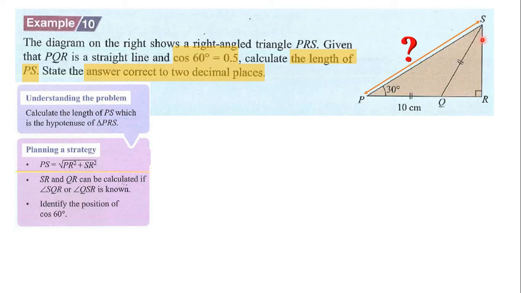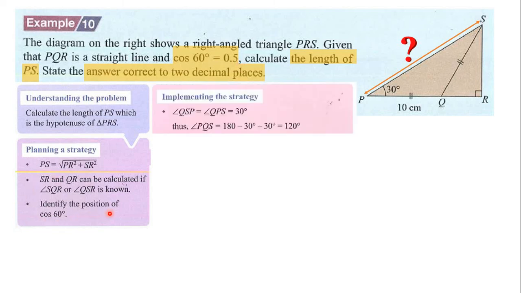You do not know this angle. So you have to identify the position of cos 60. Based on this information, you know that cos 60 is 0.5. So now you have to identify the position of cos 60.